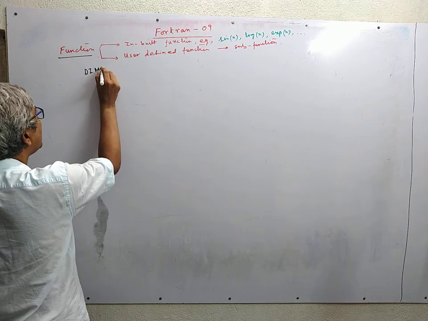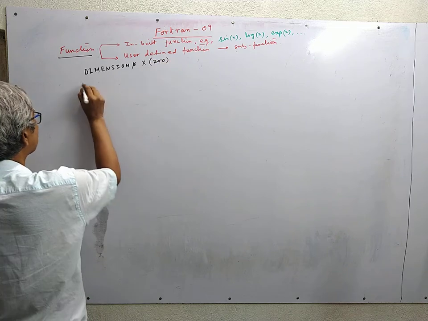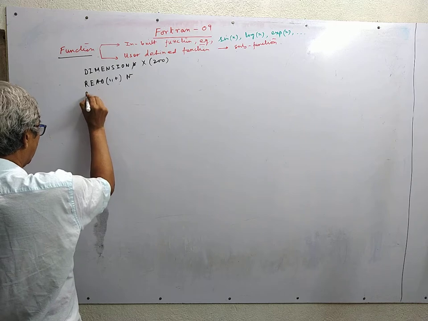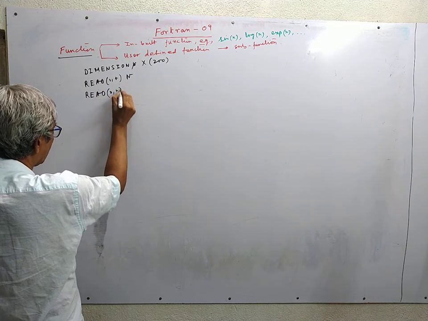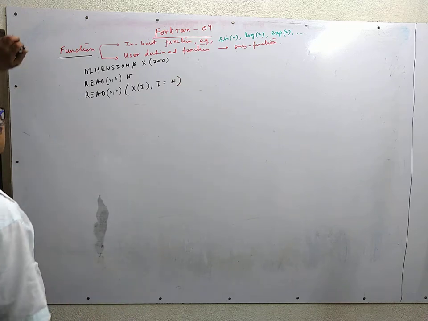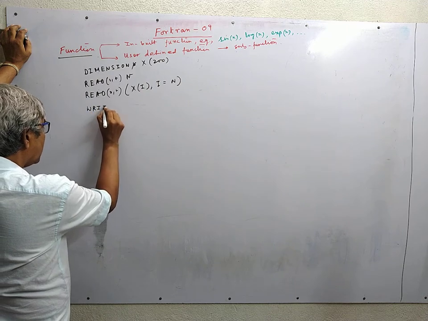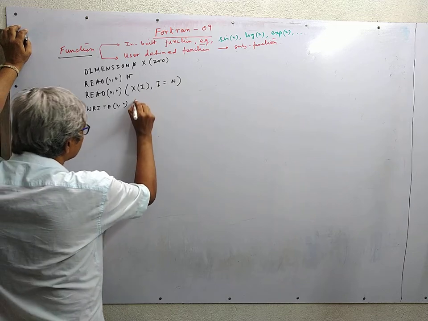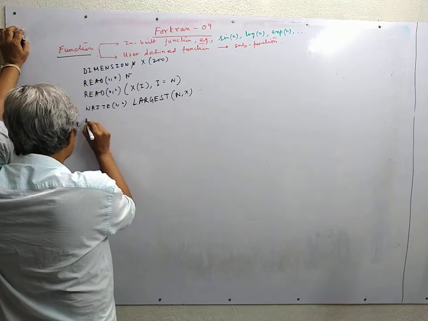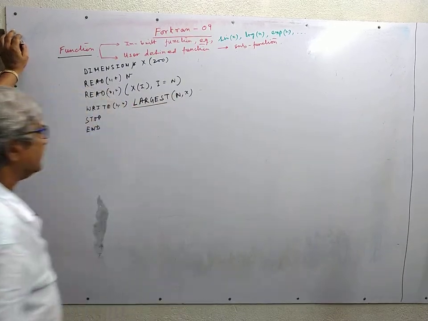Dimension, say x 200, in number of data, then we want the largest, so we write it. It assumes that there is a user-defined function named largest.